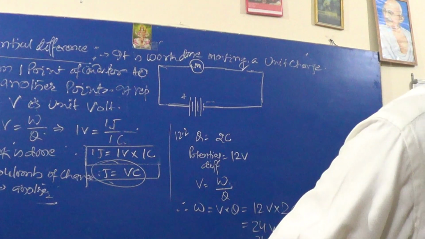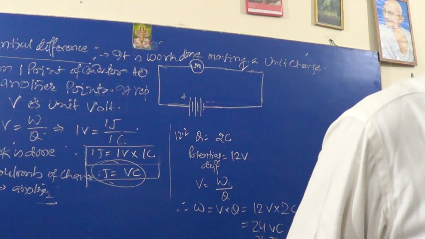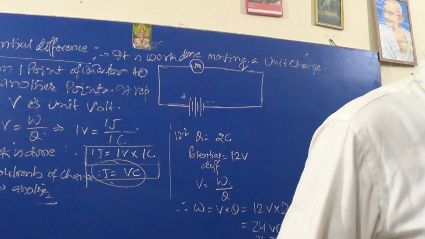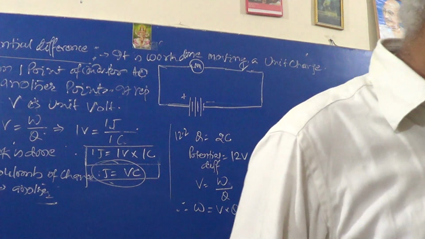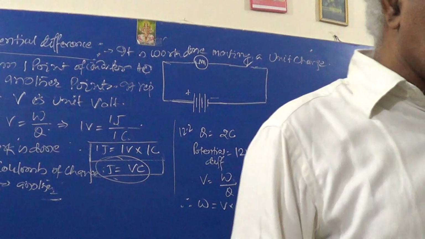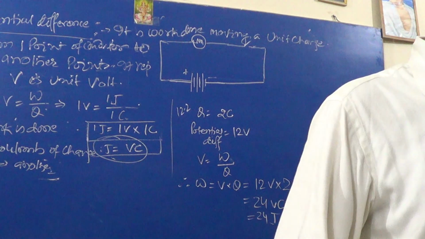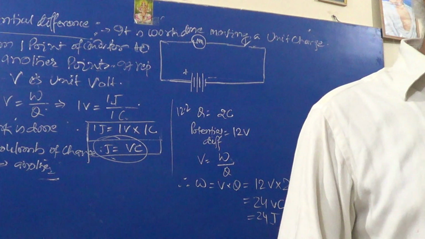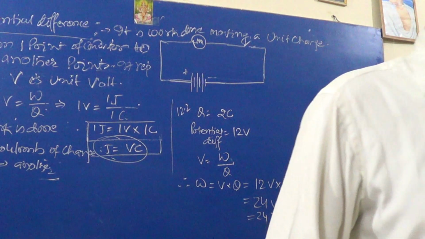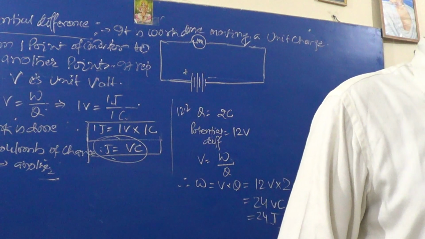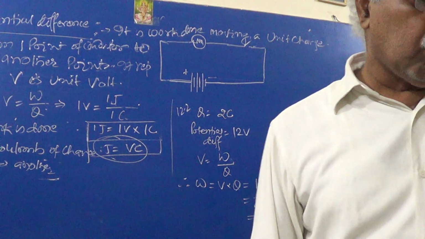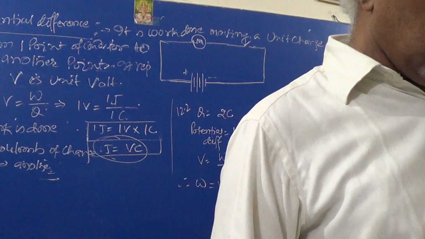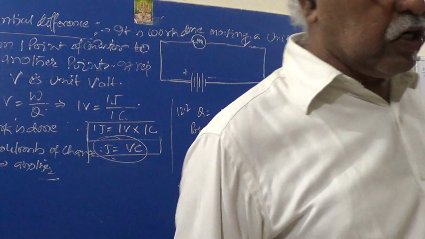What do you mean by saying the potential difference between 2 points is 1 volt? Potential difference between 2 points is said to be 1 volt if 1 joule of work is done by moving 1 coulomb of charge from one point to another.